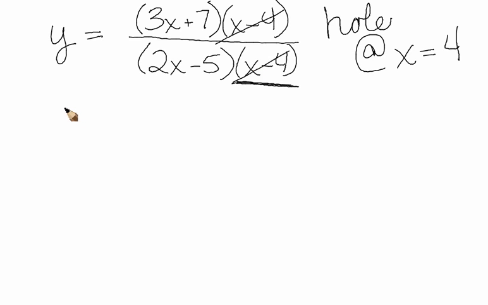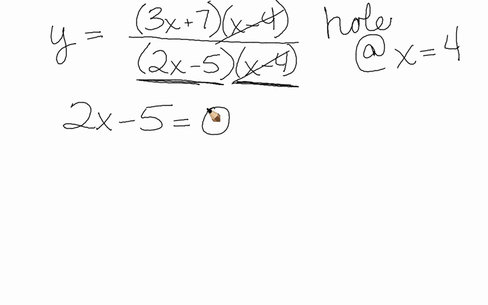Now to find our vertical asymptote, we would say this other factor is 0, because that's where we're going to have a vertical asymptote. Because remember, factors in the denominator are not allowed to be 0, because then we're dividing by 0. That's not allowed. So 2x equals 5. We're solving for x.